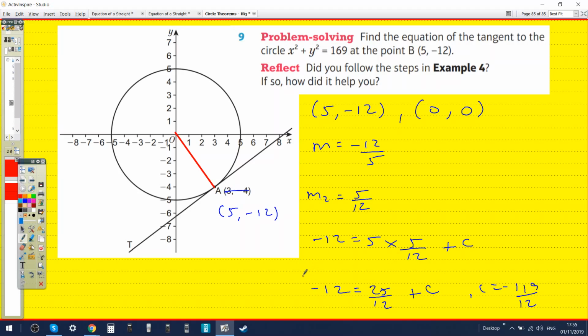And so y equals 5 over 12x plus minus 119 over 12. Yeah, plus minus 119 over 12.